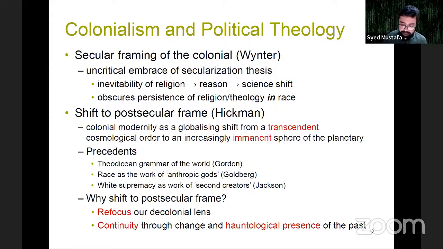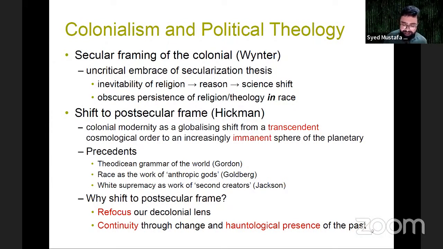Crucially, I suggest this move has precedent within decolonial scholarship itself. Consider in this connection Lewis Gordon's argument for thinking about race as a creation of the Theodosian grammar of the world, David Theo Goldberg's conception of race as the work of anthropic gods, and Sherman Jackson's reference to white supremacy as the work of second creators, all of which point to whiteness as attempting to occupy what might be described as the God spot.